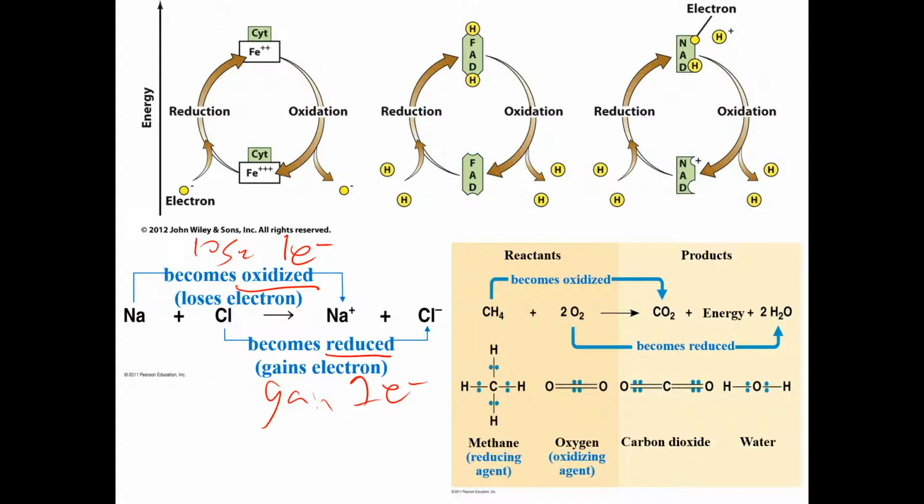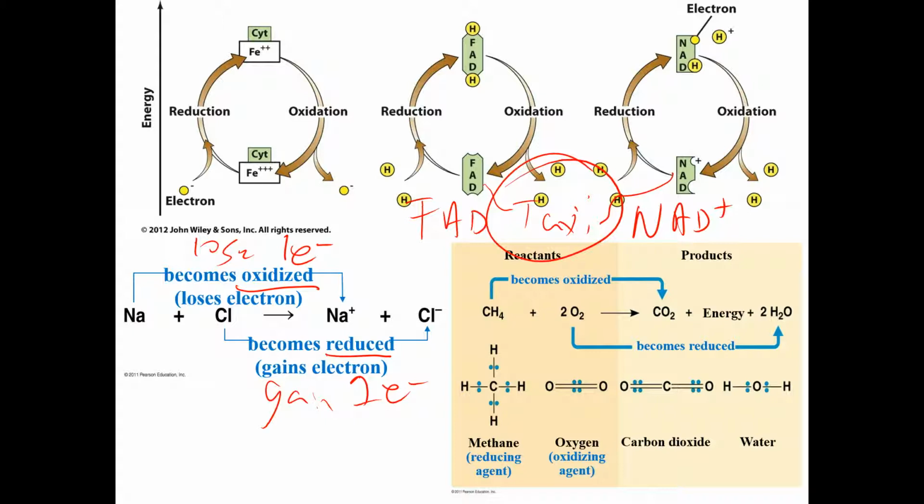You have two specific molecules: you have FAD and you have NAD+. Both of these molecules function as electron carriers in cellular respiration. What happens here is your FAD molecule basically acts like a taxi, and these little electron carriers shuttle around electrons. That's their job.